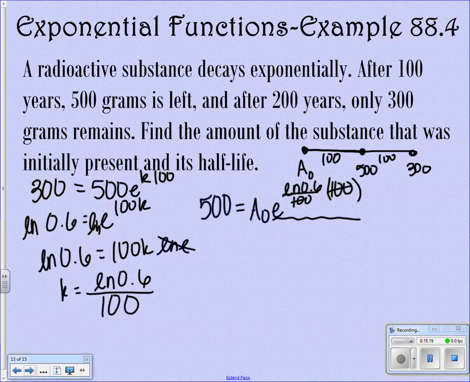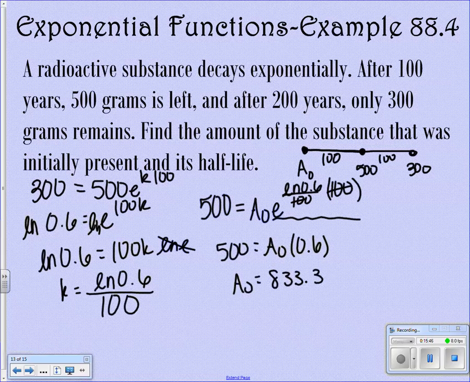So we really just have the e to the ln of 0.6, which is just 0.6. So 500 equals A sub 0 times 0.6. So 500 divided by 0.6 gives you 833.3 repeating. So that is the initial amount that we had.